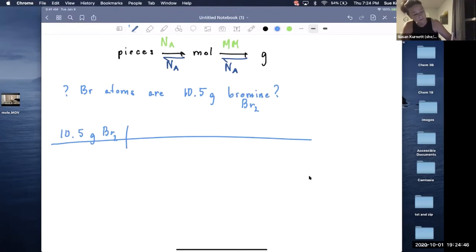So when I find the molar mass, I have to go to the periodic table and find bromine. But understand that 2 bromines add up to make 1 molecule, so I'm gonna have to add those pieces together.